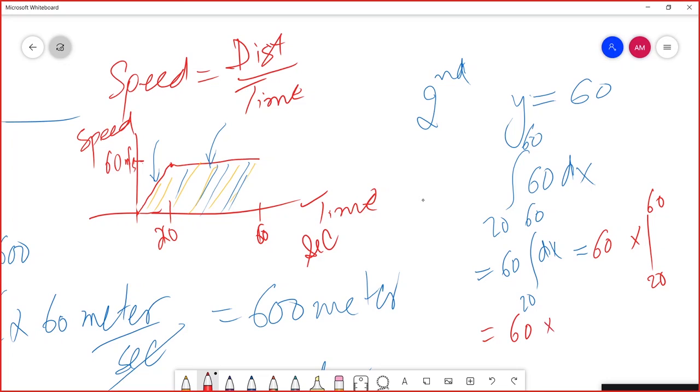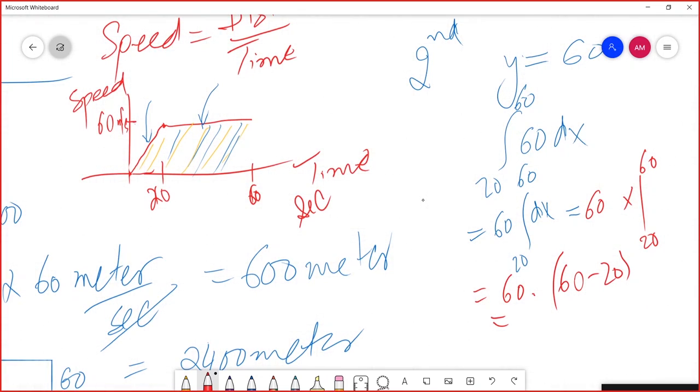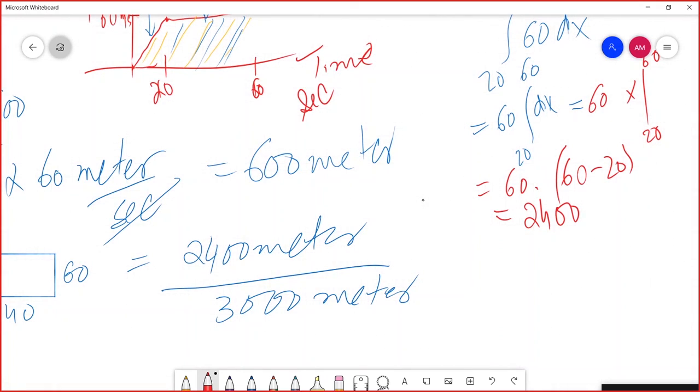So it would be 60 times, or let me put a dot instead because sometimes a person may get confused, 60 times (60 minus 20). So what is the answer? 60 times 40 equals 2,400. And that was the answer which we got here also.